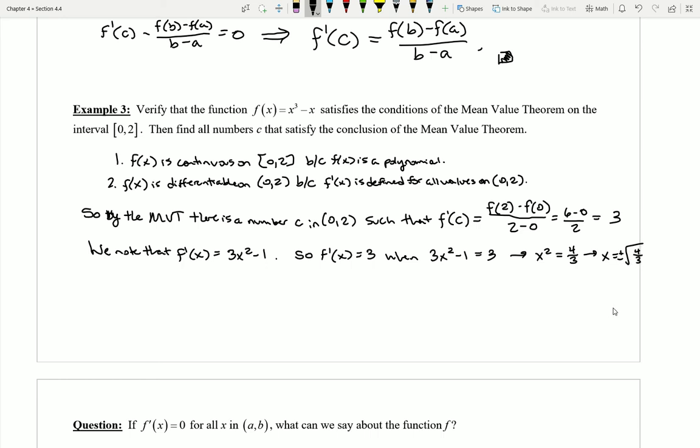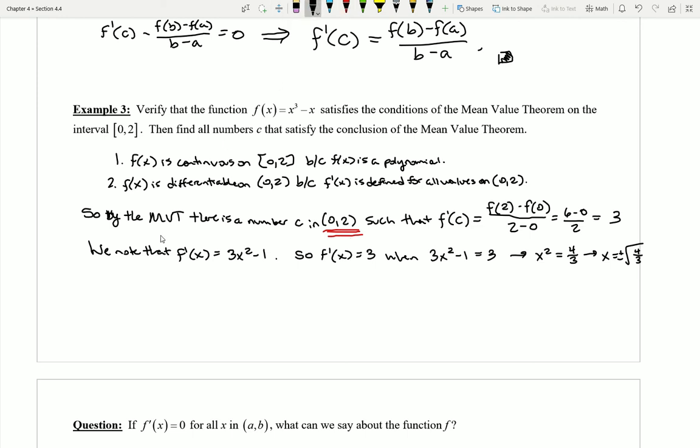But now I have to actually think carefully here. We were only looking for the number c that satisfied the conclusion. And the conclusion of the mean value theorem said that there would be a number c in the interval from 0 to 2. So I'm looking for all the values that I can find from 0 to 2.